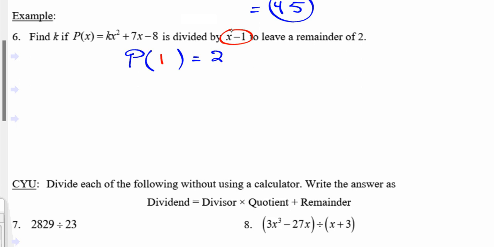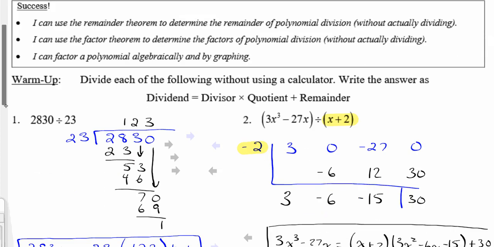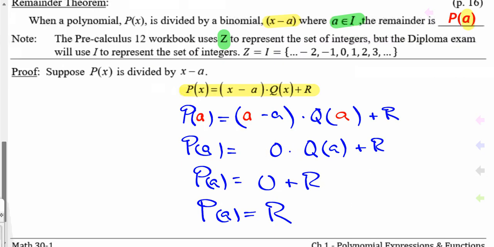So again, we're looking to see what value for x makes that 0. If we come back to this proof, we said, what's the value of x that makes this divisor 0? That's what we were doing here. We were forcing this divisor to become 0 so that when it's 0, our result is just the remainder. So we had kind of forced this proof to happen.